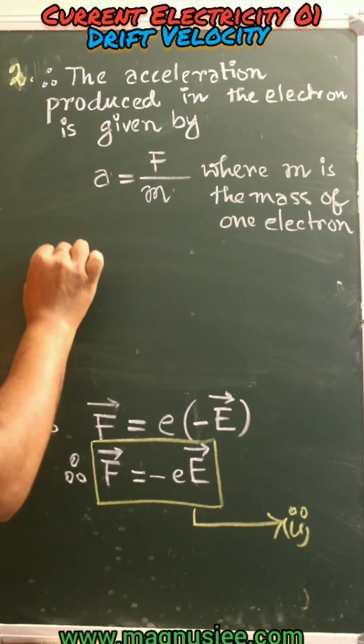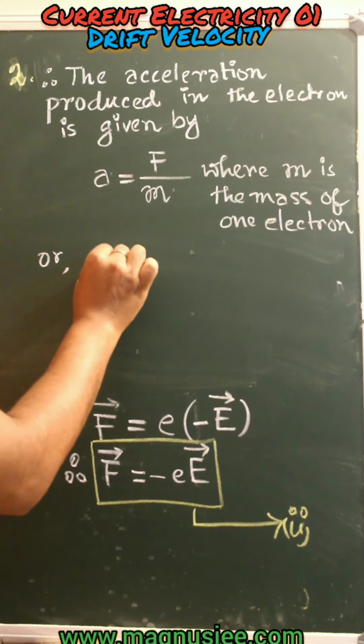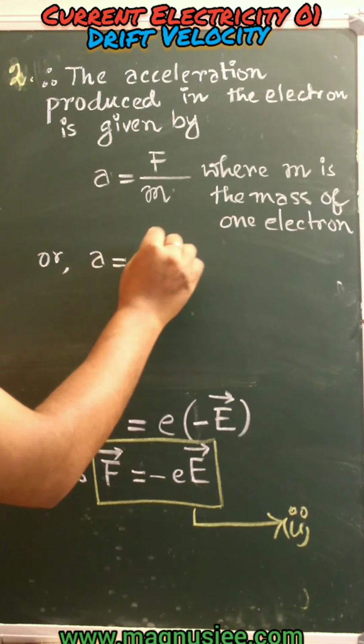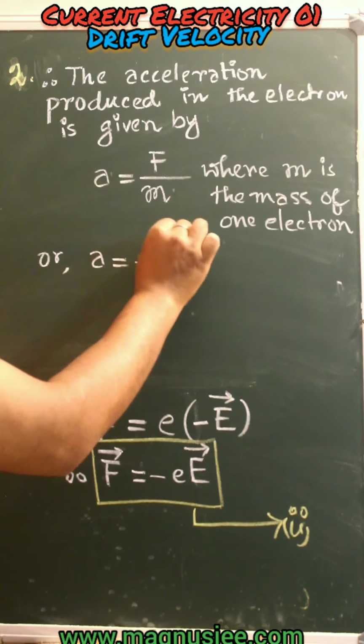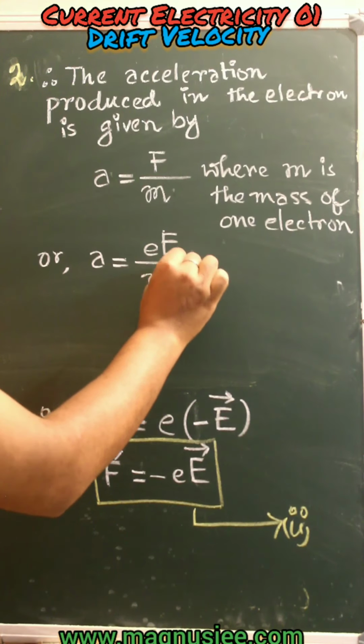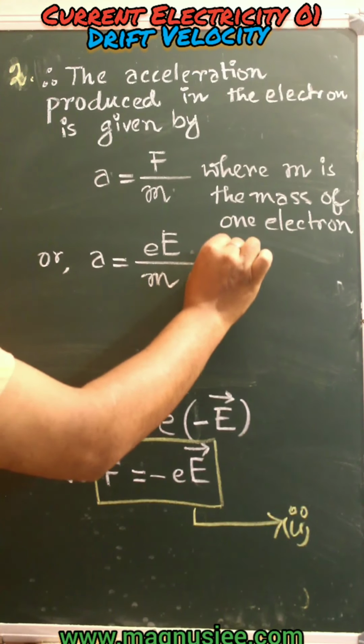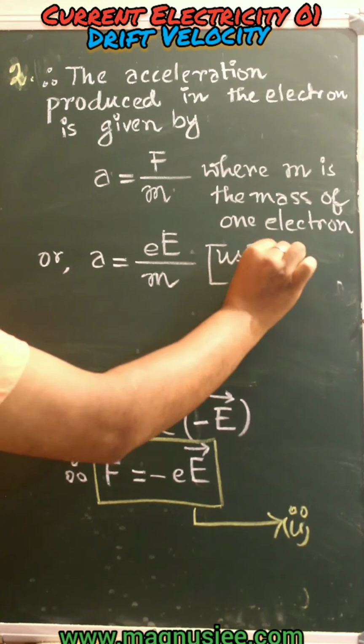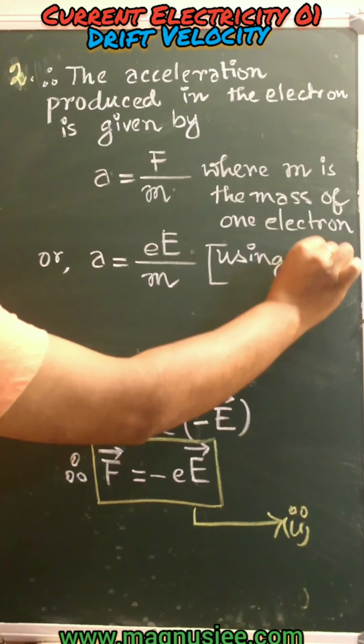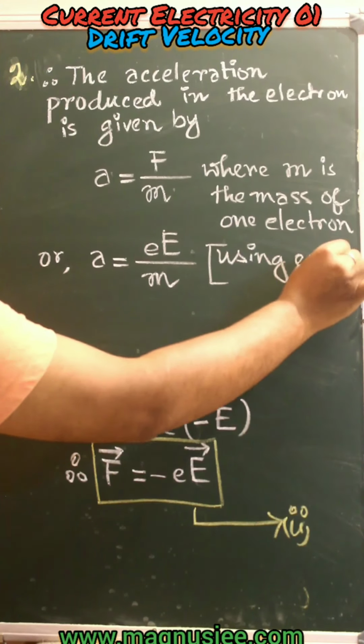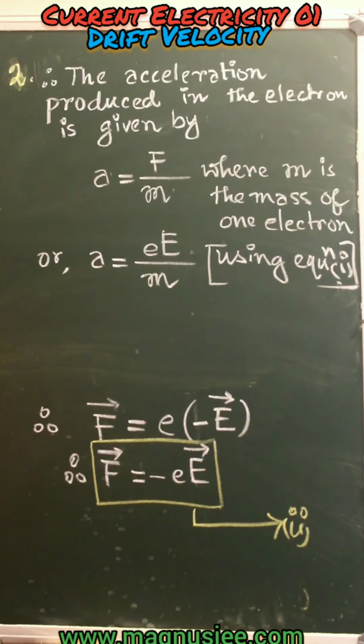Now putting the expression of F, using equation 1, in place of F we can put eE, so a equal to eE divided by m. So we get the expression of acceleration produced in the free electron which is drifted towards the positive end of the conductor with a drift velocity Vd.